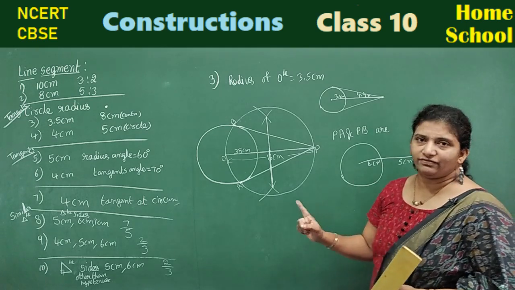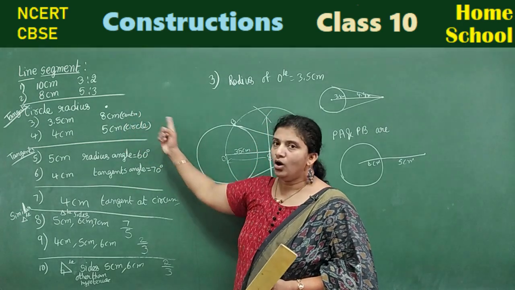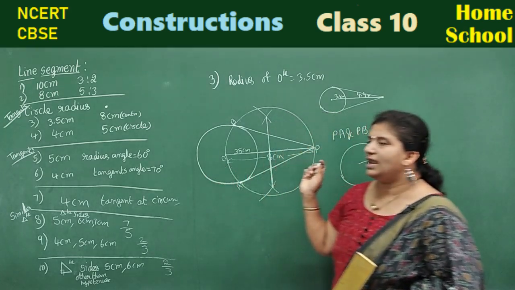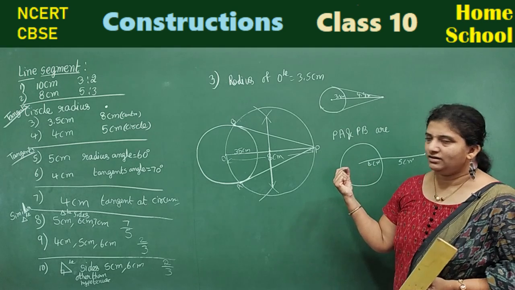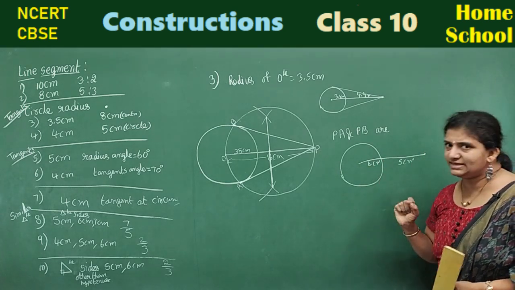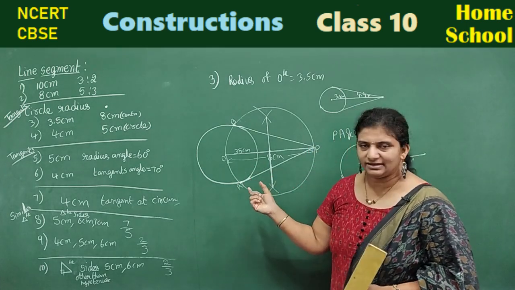Observe the point carefully. The external point is away from the center or away from the circle? You should observe carefully. Now this is away from the circle, so from here 5 centimeters. Total line segment length is 9 centimeters. Now in the same manner you need to do the construction.